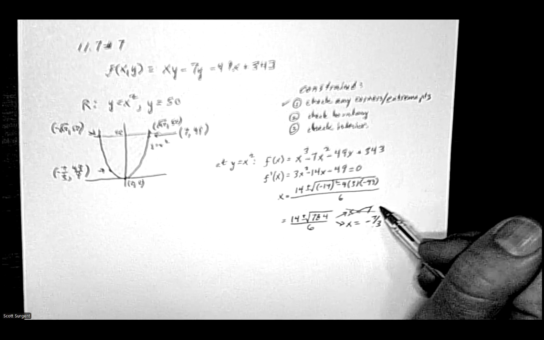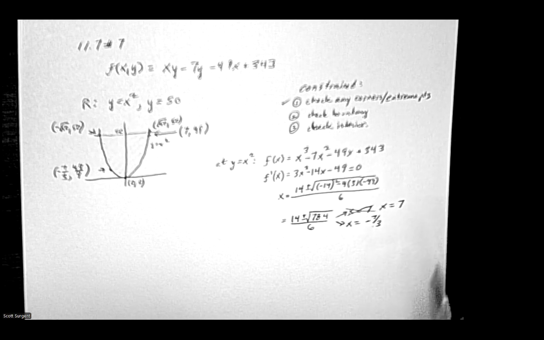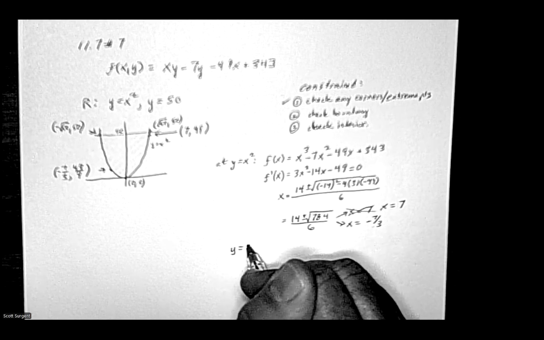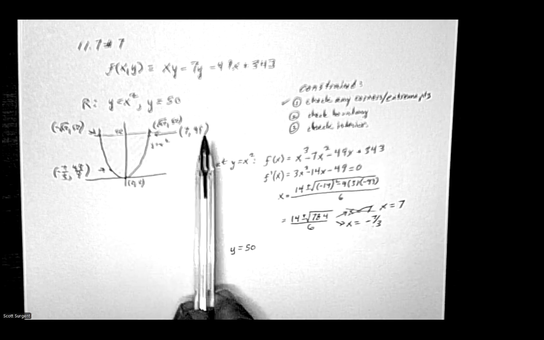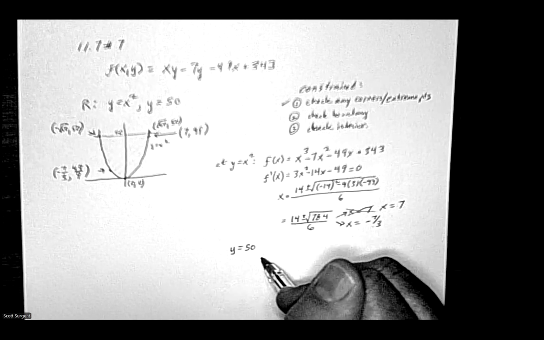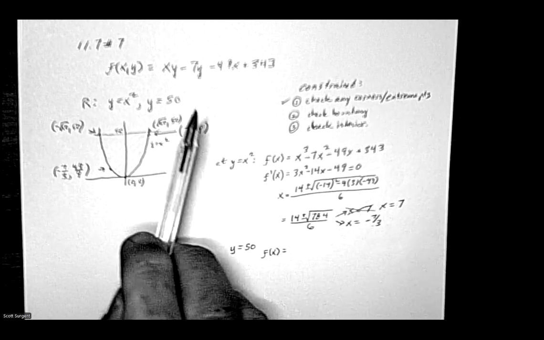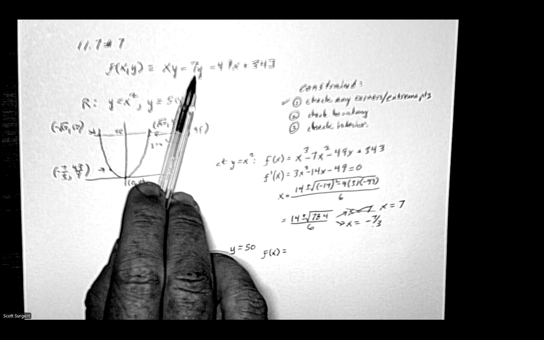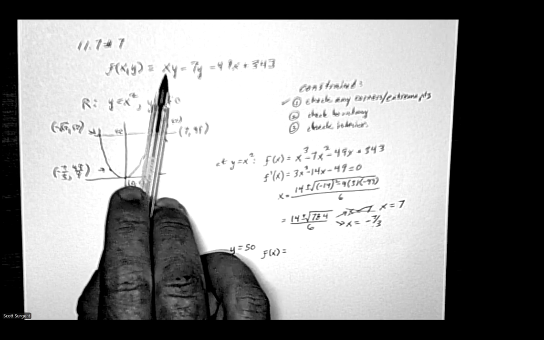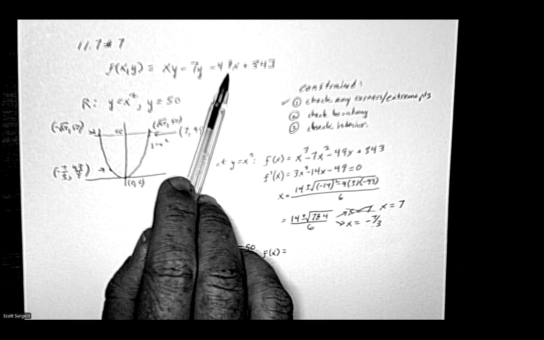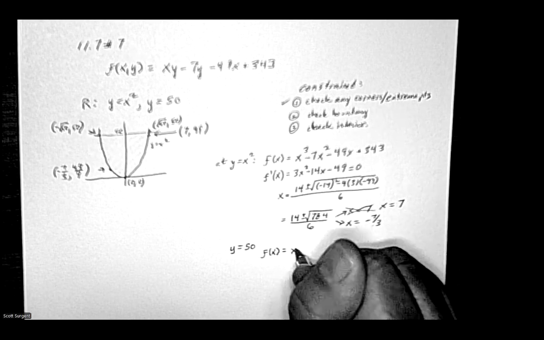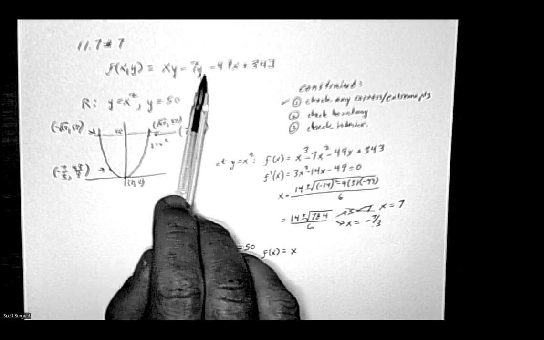All right. So I can't unerase it, so I'll just redraw it. And then you got to do it for the other boundary, which is y equals 50. In this case, this should not be part of it at all. This will be 50x take away 49x, which is x, and then 50 times 7 is 350.